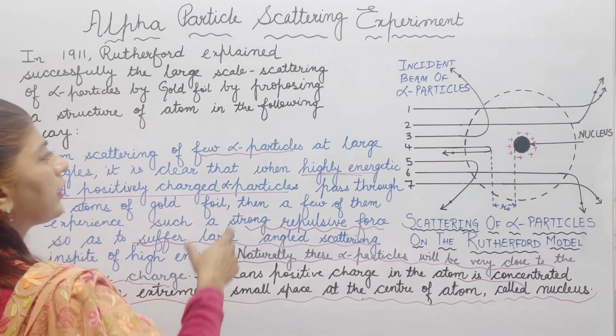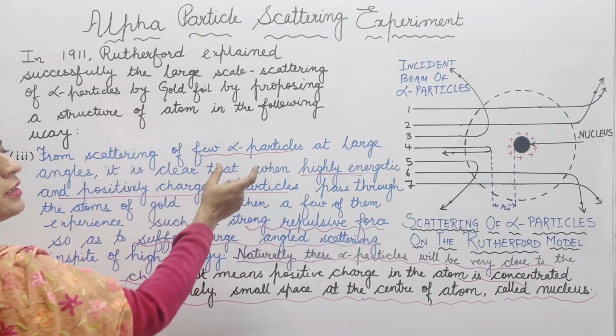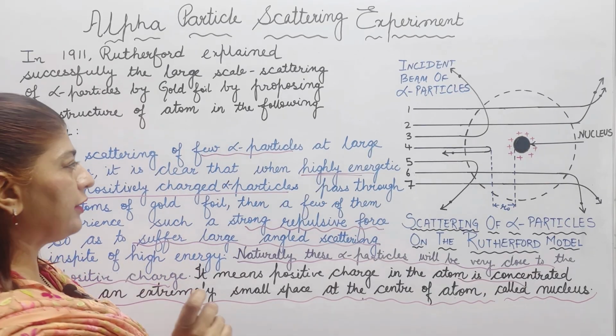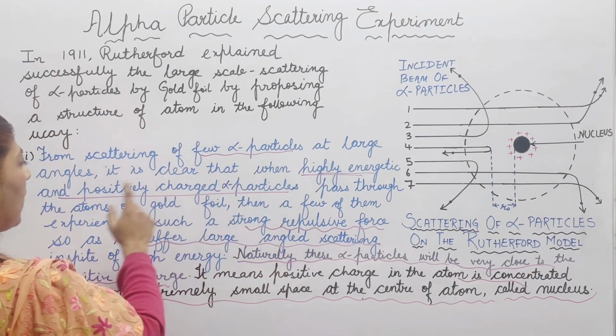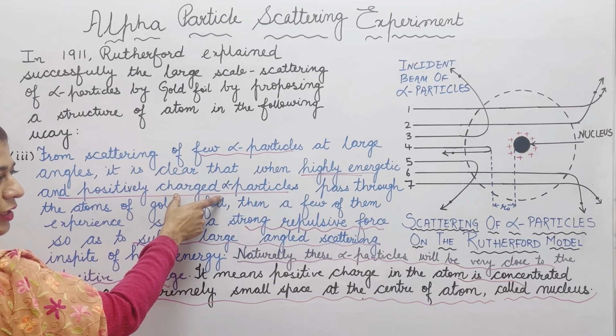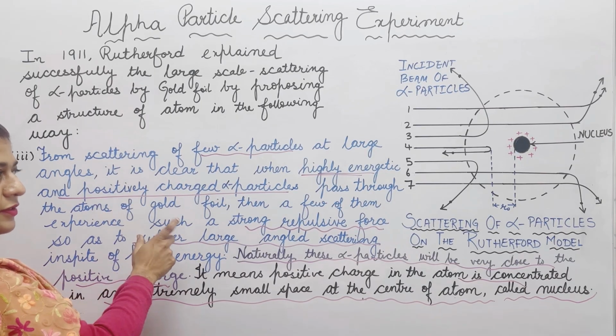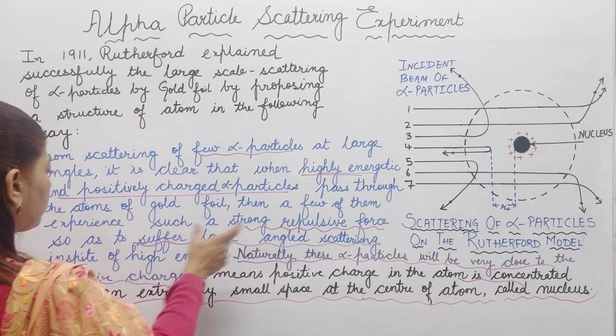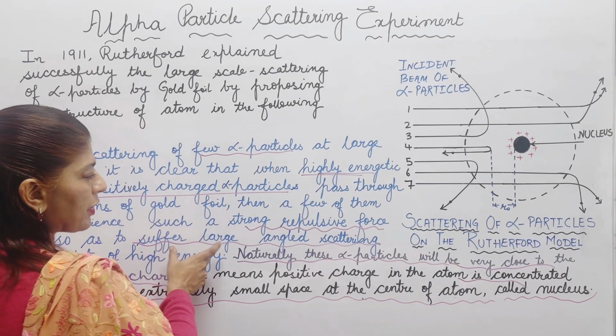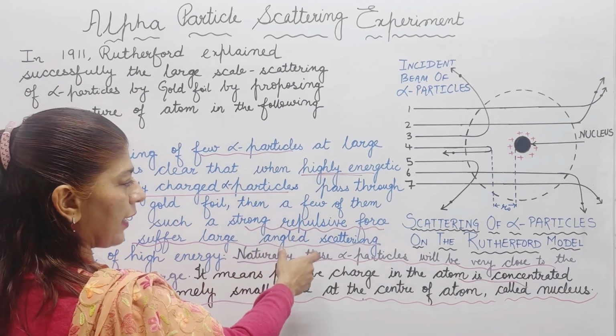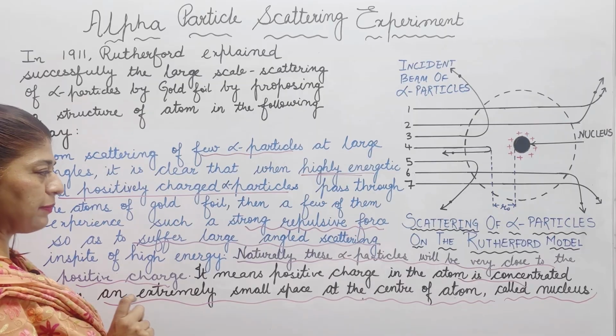It has been found that a few alpha particles experience a high deflection, though they are highly energetic and positively charged alpha particles. Even with such high energy, a strong repulsive force is being suffered, and because of that the large angle scattering is taking place.